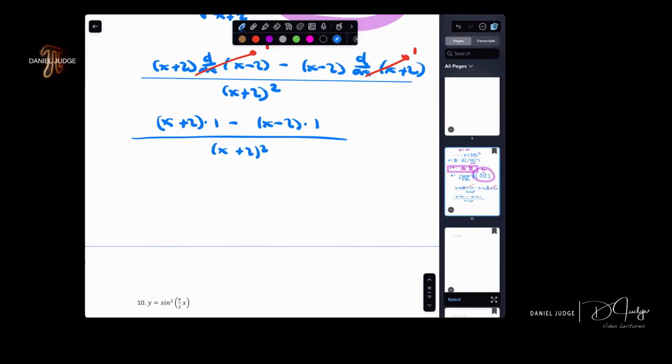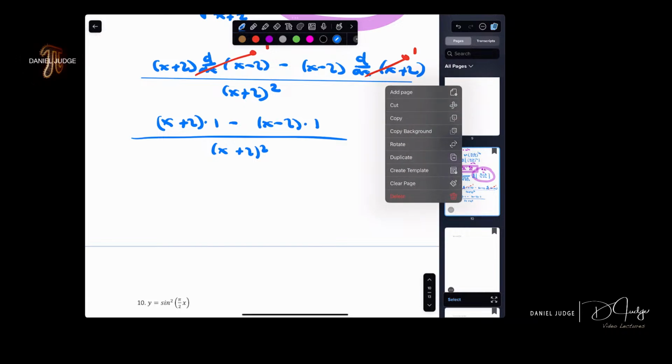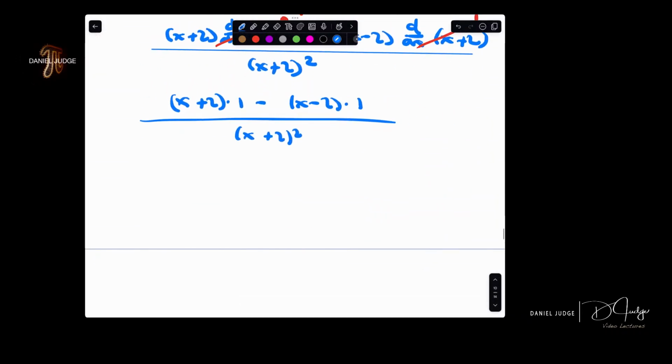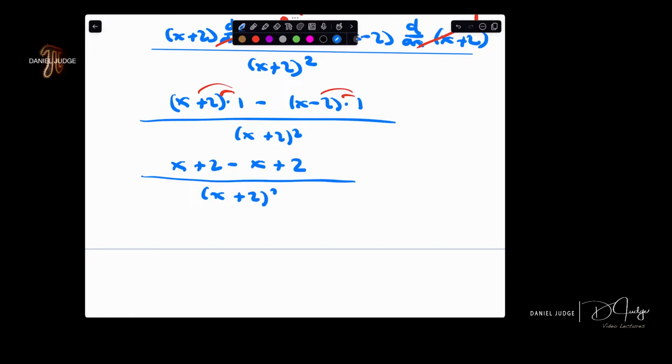Let's get some more paper. Now distribute. Combine like terms. x plus 2 minus x plus 2 over x plus 2 squared.